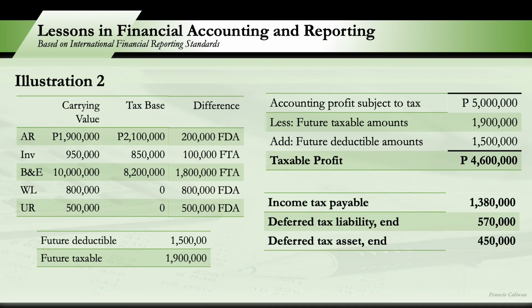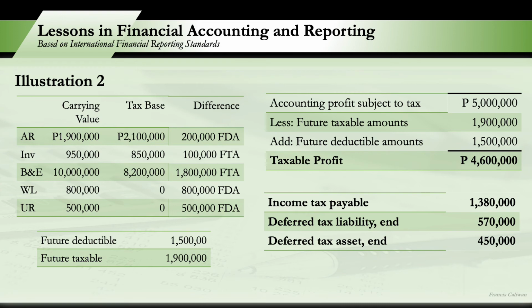For our income tax payable, we have 1.38 million. For our deferred tax liability from our future taxable amounts, we have 570,000, and our deferred tax asset is 450,000.